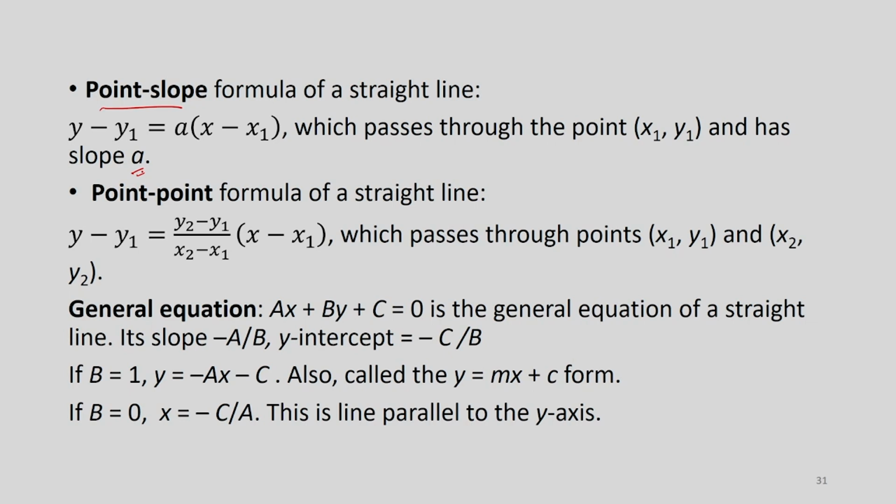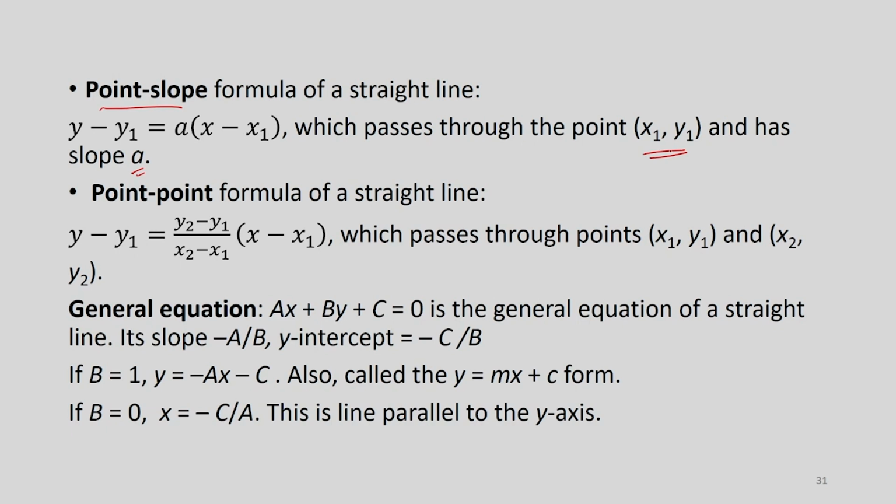Here we are basically using the fact that slope of a straight line is given by y1 minus y2 divided by x1 minus x2. Suppose x1 y1 is given, that we know it lies on that straight line, and we take any other arbitrary point on that straight line whose coordinates are x and y. So, what is the slope according to the formula?